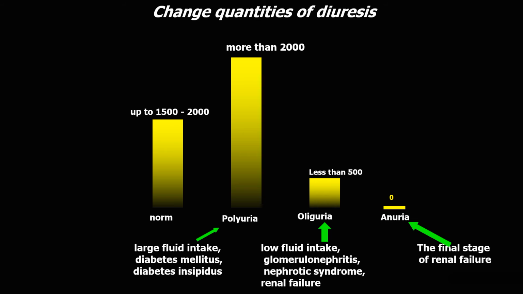This process develops in diabetes mellitus and diabetes insipidus, with urine volume more than 2000 milliliters. Oliguria is less than 500 milliliters, with low fluid intake, and this process develops in glomerulonephritis, nephrotic syndrome, renal failure, etc. Anuria is decreased diuresis, and this process develops in the final stage of renal failure.